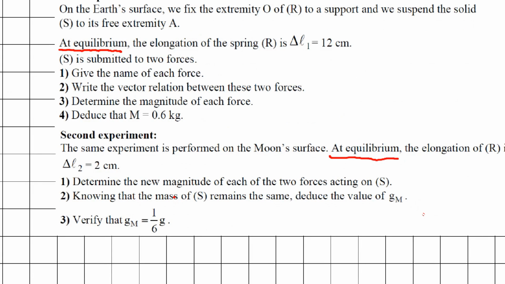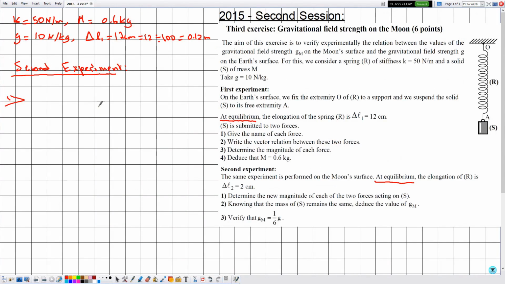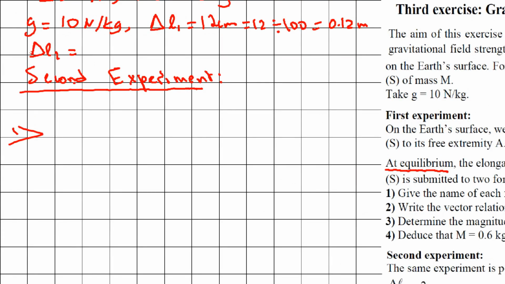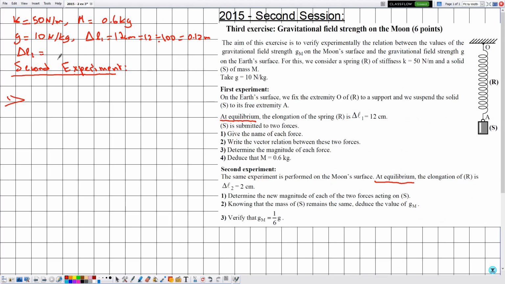Number 1, determine the new magnitude of each of the two forces acting on S, knowing that we have the elongation delta L2. L2 corresponds to the second experiment being performed on the moon's surface. So the value of delta L2 is given by 2 centimeters.